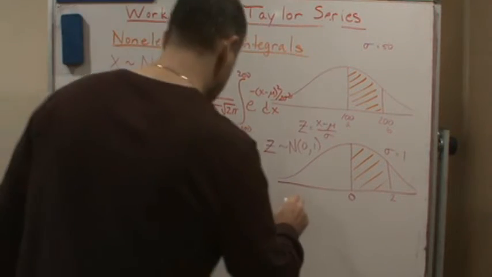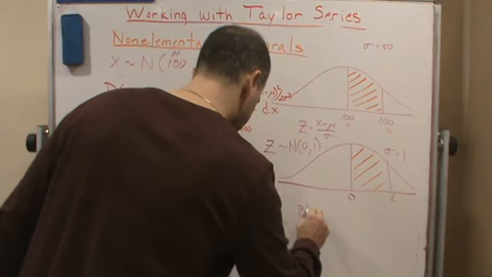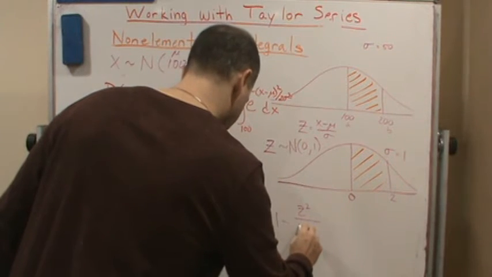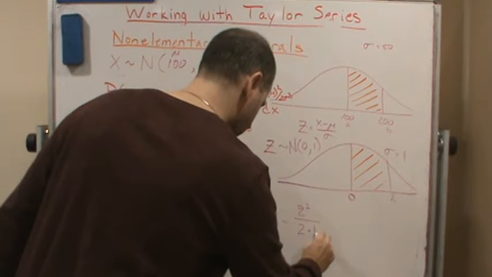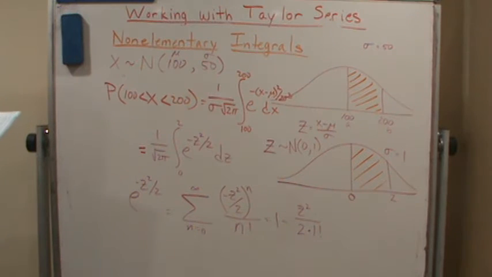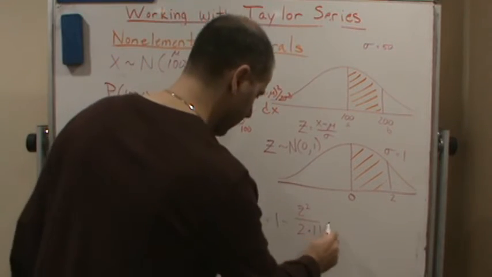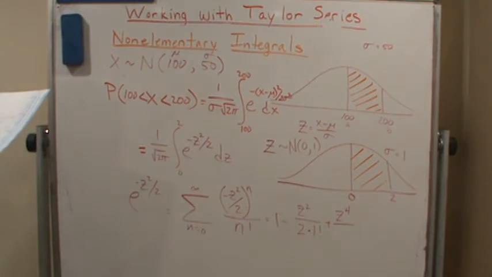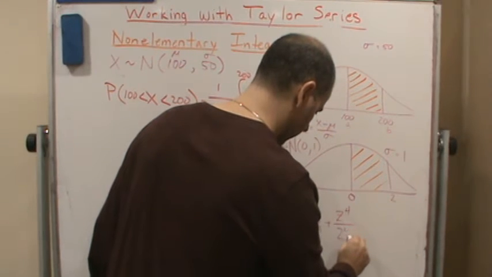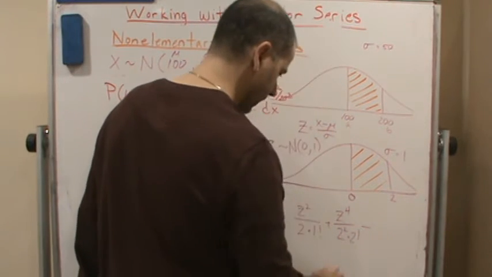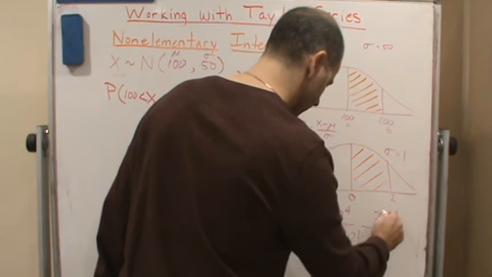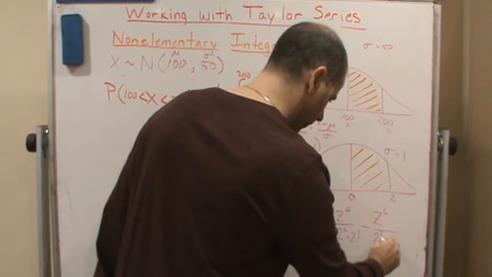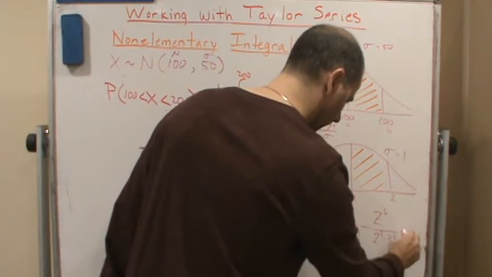So this is going to be minus z squared over 2 times 1 factorial, plus z to the 4th over 2 squared times 2 factorial, then minus z to the 6th over 2 to the 3rd times 3 factorial, and so on and so forth.